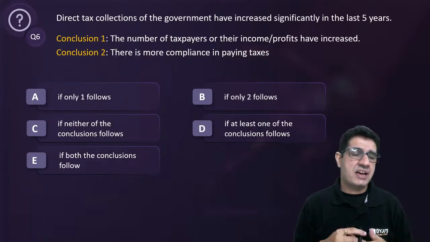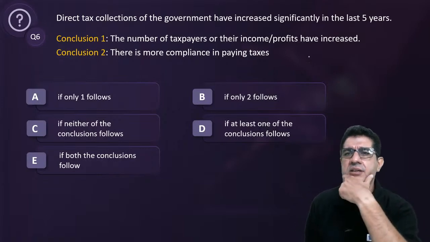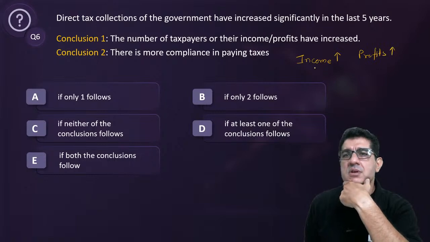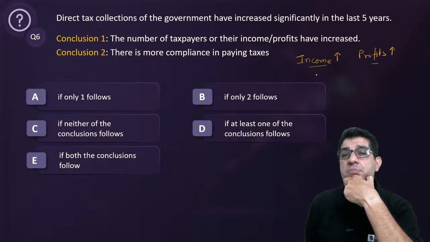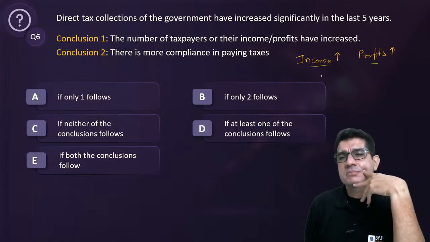If the taxes have gone up, direct tax collection, it basically means that, so there are three possibilities, right? The income has gone up, the profits have gone up, the number of people who pay the taxes have gone up.